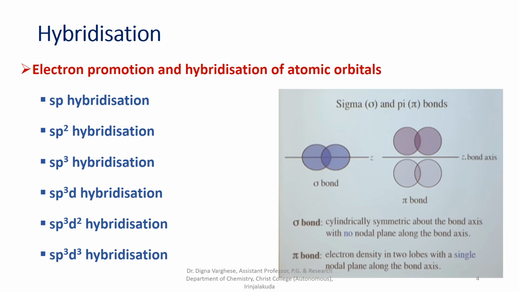Hybridization. In chemistry, hybridization is the concept of mixing of atomic orbitals into new hybrid orbitals suitable for the pairing of electrons to form chemical bonds in valence bond theory. Hybrid orbitals are very useful in the explanation of molecular geometry, atomic bonding properties, etc., and are symmetrically disposed in space.